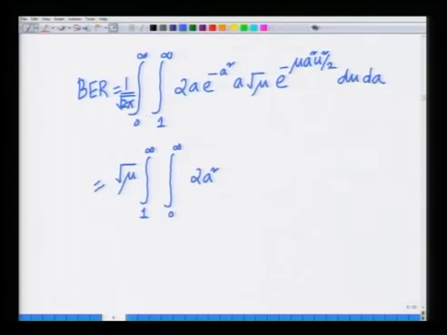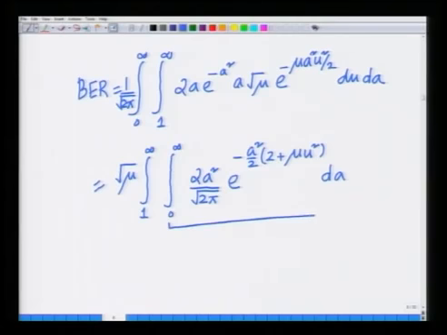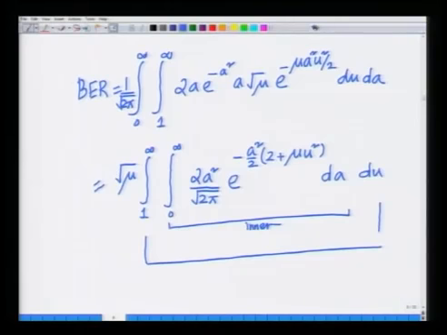I will pull the factor of square root of 2 pi in to write this as 2a square over square root of 2 pi times e power minus a square over 2 times 2 plus mu u square, times da, because this is the inner integral with respect to a, and this is the outer integral with respect to u.